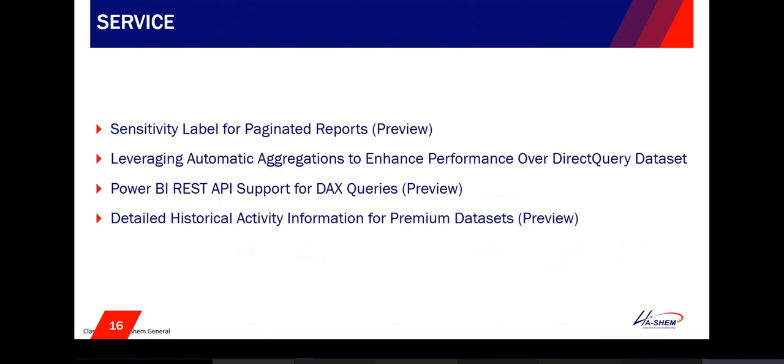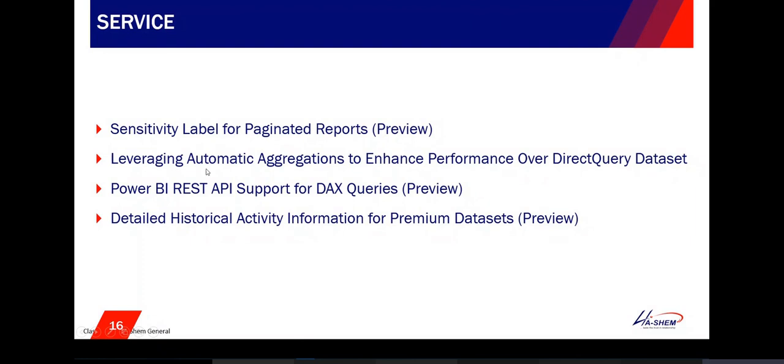So next we'll move to the service, the Power BI service. We can see sensitivity label for paginated reports. It's still in preview mode, similar to the sensitivity label I explained to us earlier. Then leveraging automatic aggregation to enhance performance over direct query data sets.